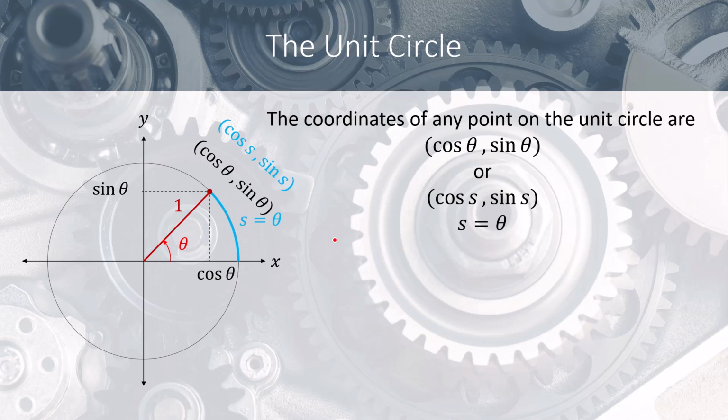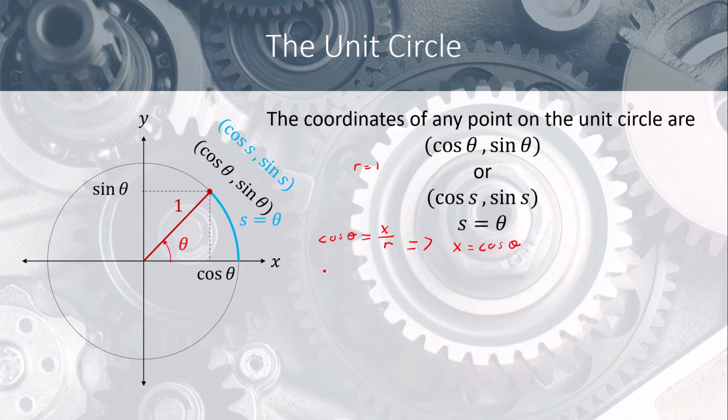Now remember, cosine of theta, defined using our standard angle perspective, which is exactly what we have here, is equal to x divided by r. But in this case, r is equal to 1, and that basically implies that x is equal to cosine of theta.